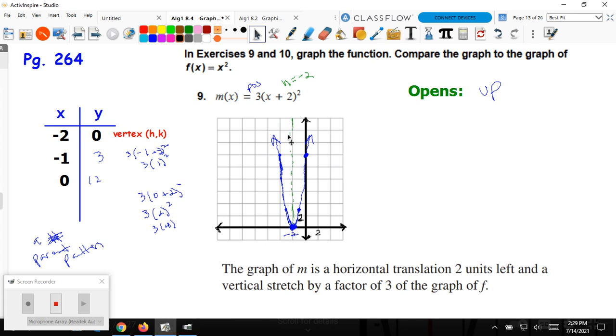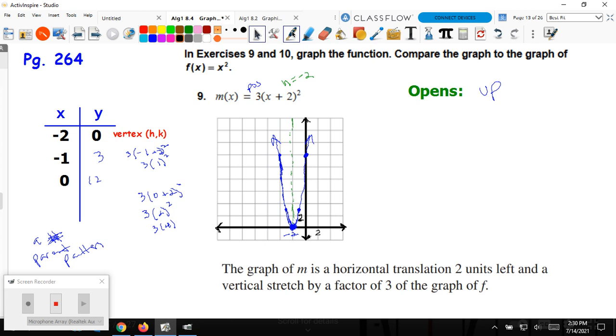When it's narrower, it's a vertical stretch by a factor of 3. That's the a number. And then horizontal translation 2 units, that's our h number. But since it's negative, it's going to go left. So you need to make sure you write the number and the direction for translation.